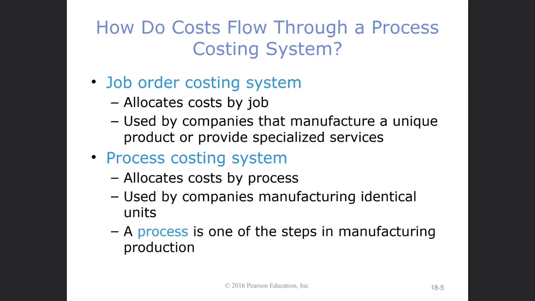Maybe like a carpet cleaning company. Like they have to go by square footage. A carpet cleaning company would be a good one to track by jobs, or even a house cleaning company as well, because they probably do track their cost. They probably do allocate their cost per job, and the job would more than likely be the customer.